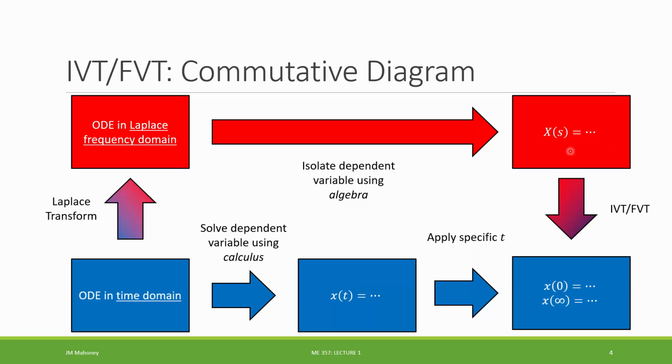So we're limited in what we know about the behavior of our variable in the time domain because we only know what happens at the beginning and the end and nothing in between. In Unit 2, we'll get into more about knowing what happens in between. But for now, knowing what happens at the steady state, especially in the time domain, is going to be important for us to know.